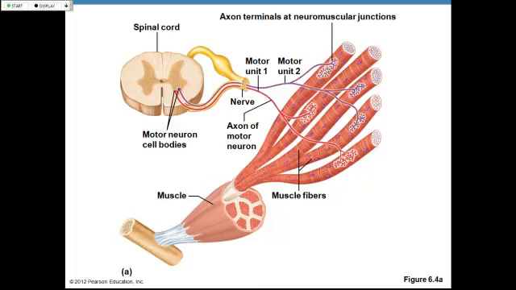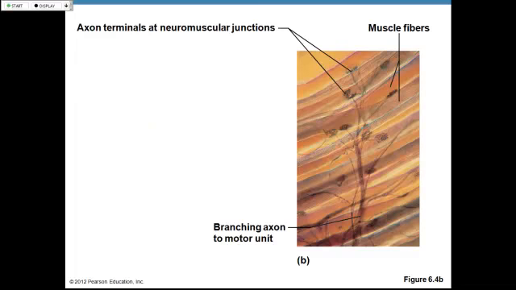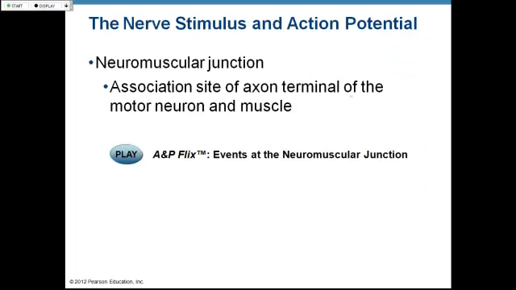And this is an actual micrograph of the nerve endings on the muscle. Nerve stimulus and action potential at the neuromuscular junction. Let me go back one and explain to you where the neuromuscular junction is.